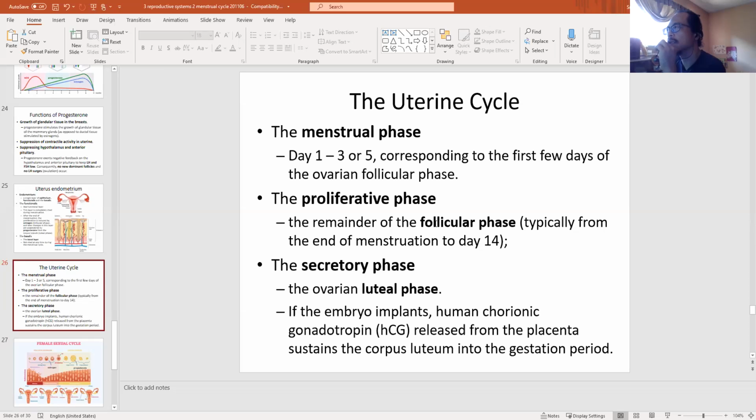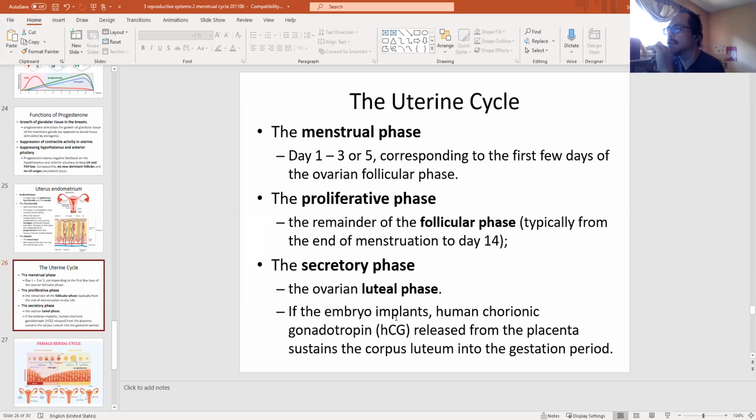that is stimulated by the follicle, along with the continuous follicular phases that occur in the ovary, and then going into the secretory phase supported by the corpus luteum.